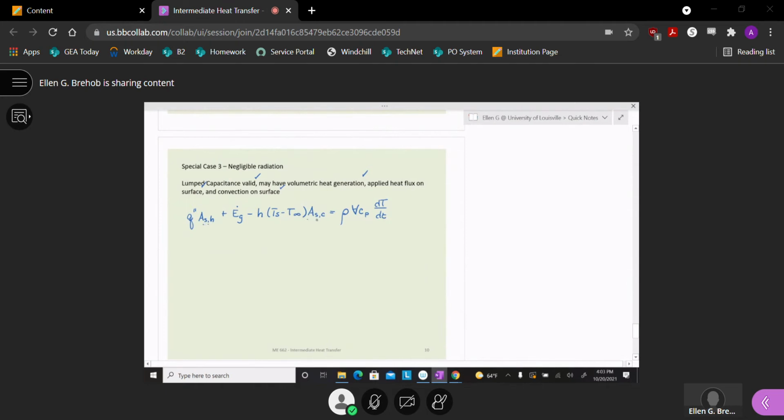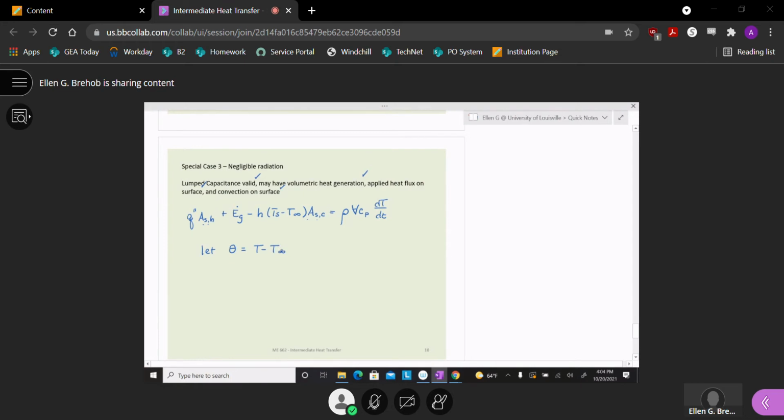And just another note, they're using these subscripts to say that the surface area over which I have heat flux being applied and convection don't have to be the same. They can be the same. By careful selection of some parameters, let theta equal T minus T infinity.